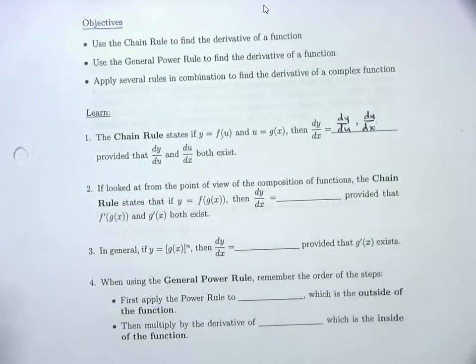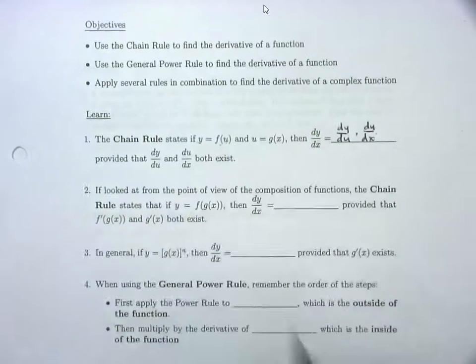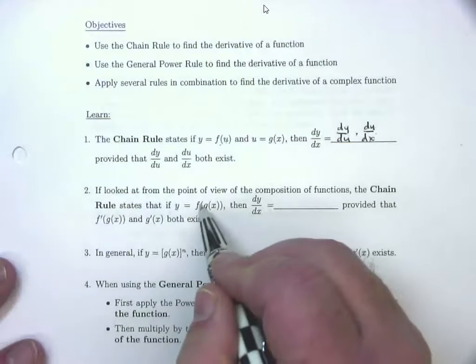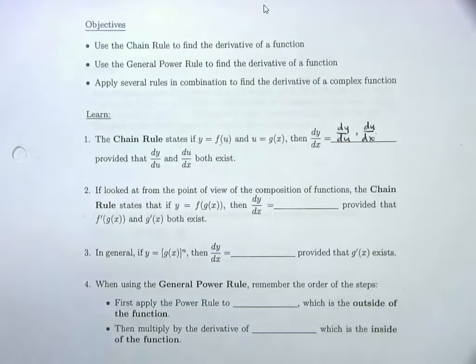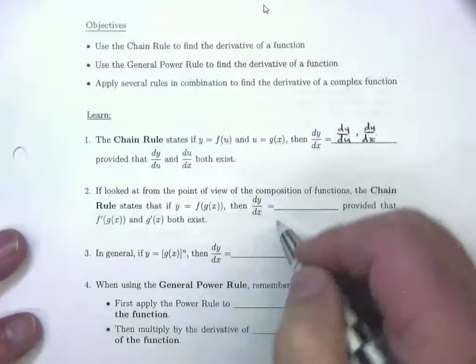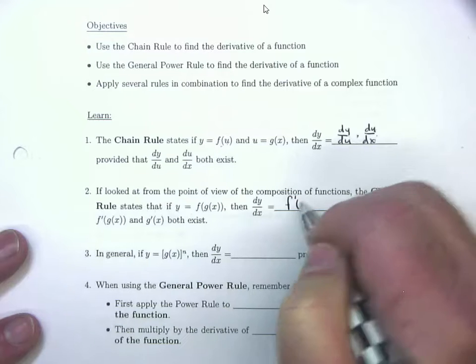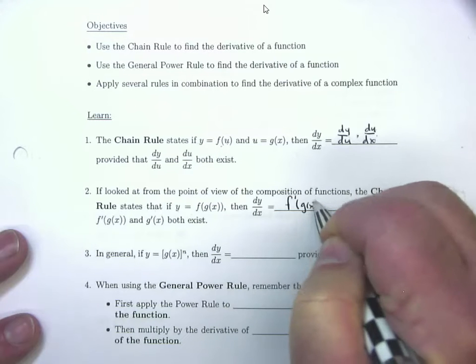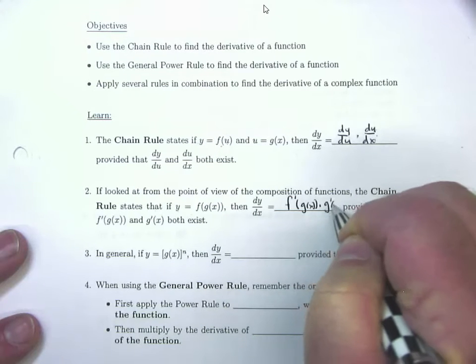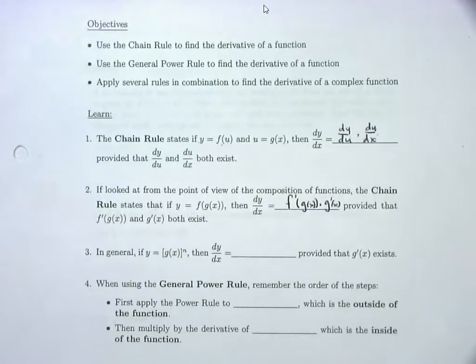But from the viewpoint of composition of functions, y equals f of g of x, then the chain rule states that the derivative is f prime, the derivative of the outside, the inside g of x stays the same, times g prime of x. And again, the words make all the difference in the world. It's derivative of the outside, inside stays the same, times derivative of the inside.